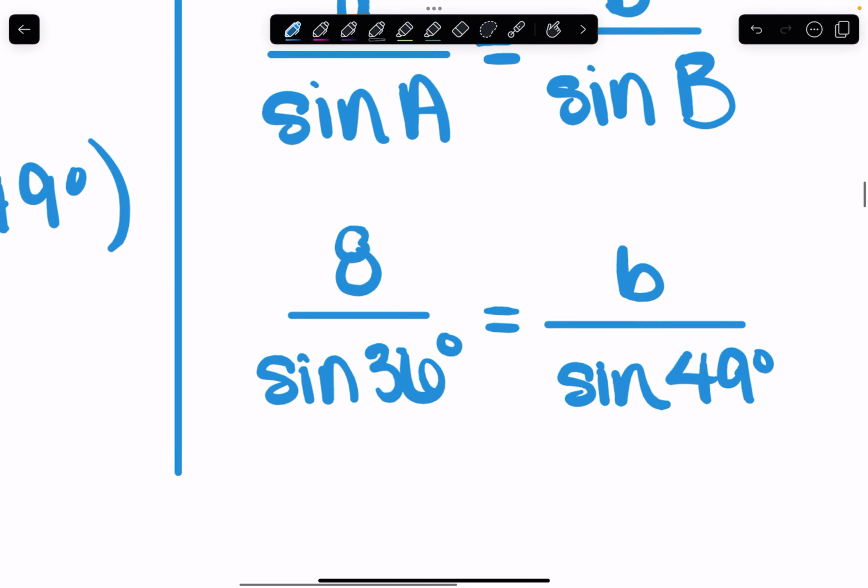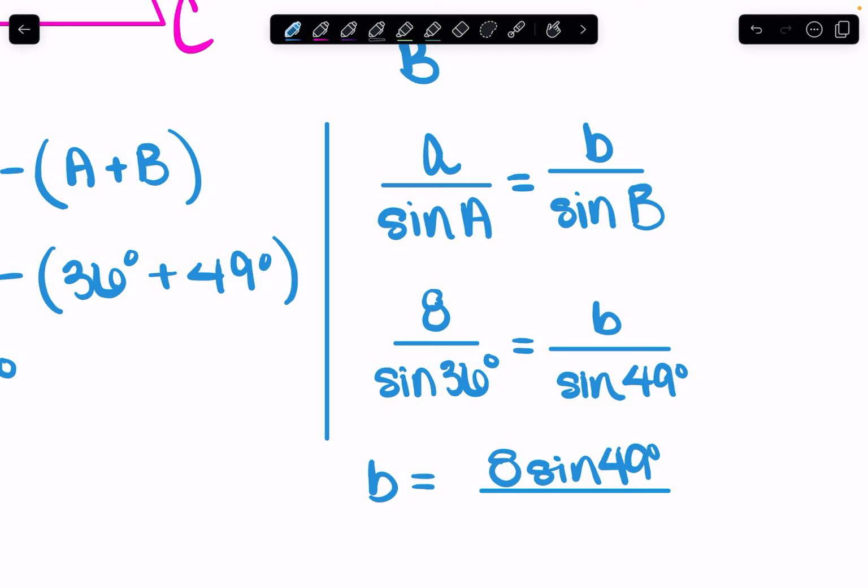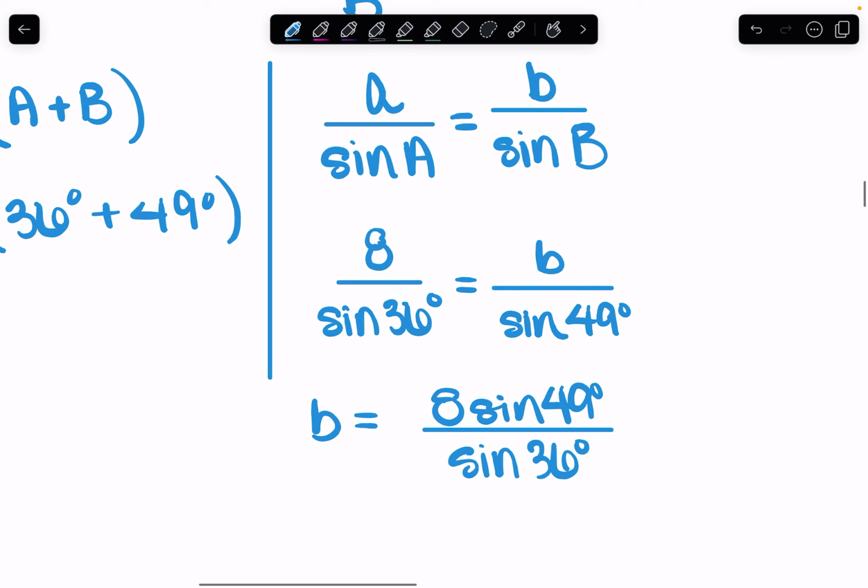If we're solving for b, I like to solve for b before I do any math because we don't want any rounding error. We're going to multiply by sine of 49 on both sides. So side b is going to be 8 times the sine of 49 degrees, all divided by the sine of 36 degrees. We would type this into our calculator as is.